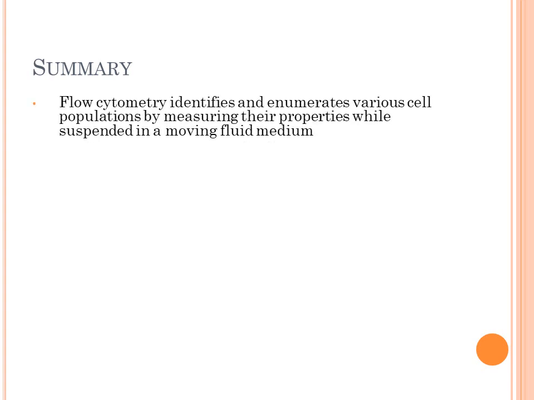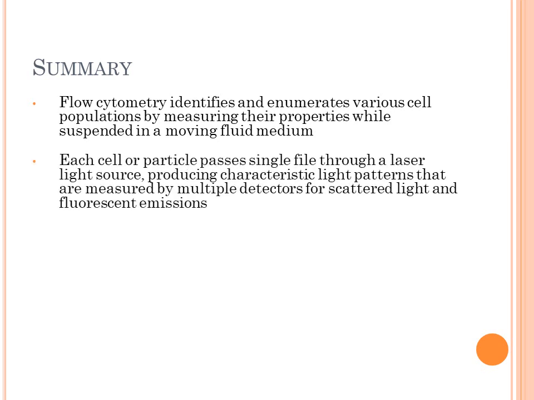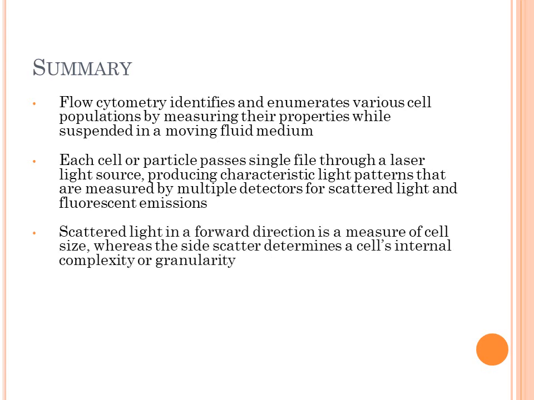To summarize, flow cytometry is a method that identifies and counts various cell populations by measuring their properties while suspended in a moving fluid or liquid medium. Each cell or particle passes single file through a laser light source, producing characteristic light patterns that are measured by multiple detectors for scattered light and fluorescent emissions.